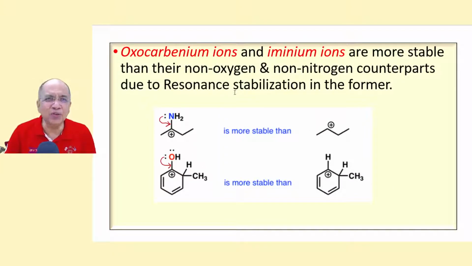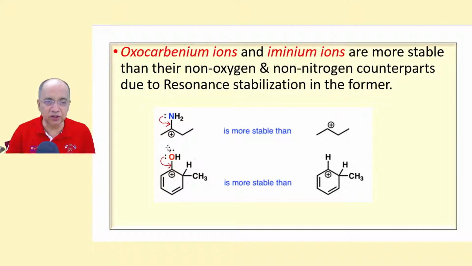Now, pattern 3: positive charge next to a heteroatom like nitrogen or oxygen. This is called an oxocarbenium ion, and this one is called an iminium ion. These are more stable than their non-oxygen and non-nitrogen counterparts due to resonance stabilization in the former.